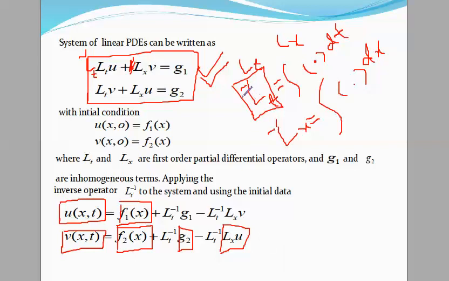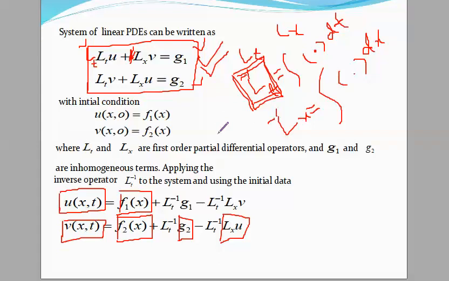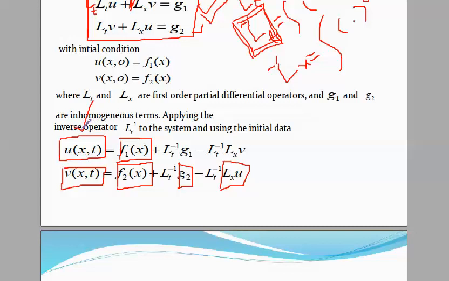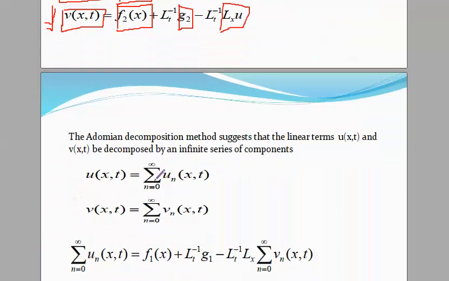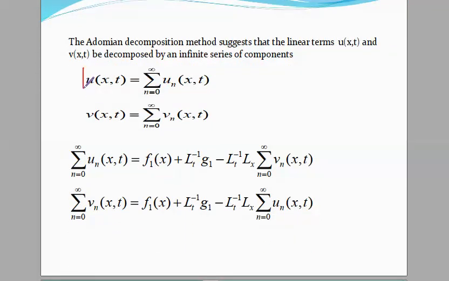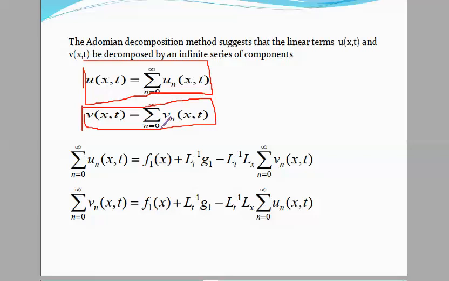So what we did is apply this L inverse of t on both the equations, equation 1 and equation 2. Further, Adomian tells us that the third step of the Adomian decomposition method is that these unknown individual functions we are going to replace by a series of functions. The series we define for both is exactly this one. For u of x,t the series is summation n from 0 to infinity u_n of x,t, and for v of x,t the series is summation n from 0 to infinity v_n of x,t, where n starts from 0 to infinity.